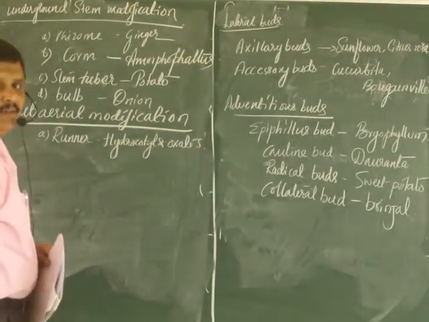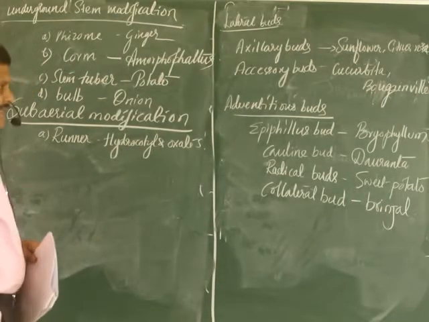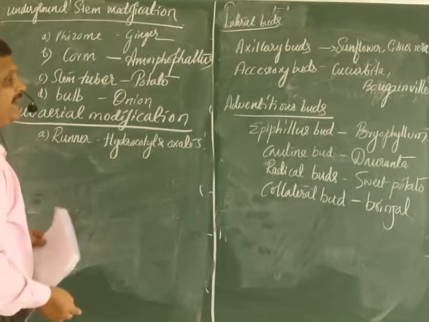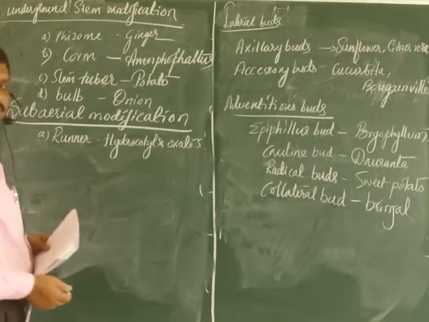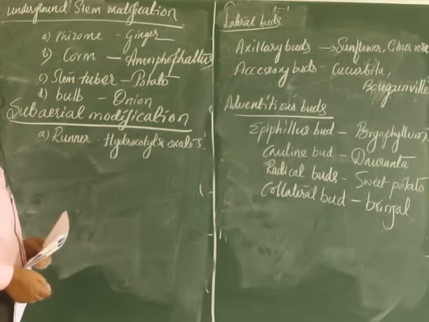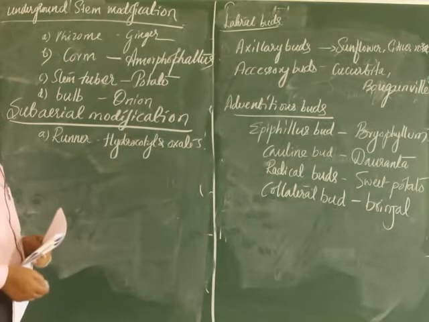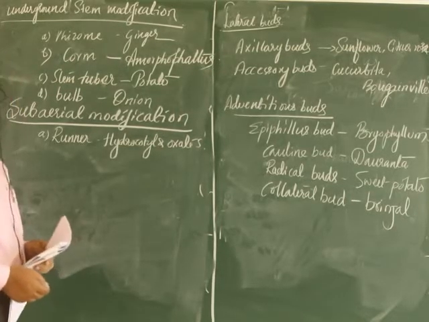You may wonder why sir is telling all these things. He is elaborating the topic, because one thing you remember, 4 or 5 chapters are included in this unit. So I should cover all aspects. That's why I am giving this much information related to each question.